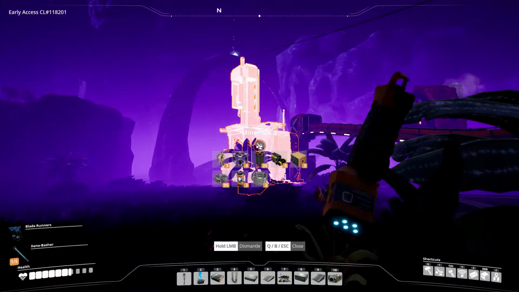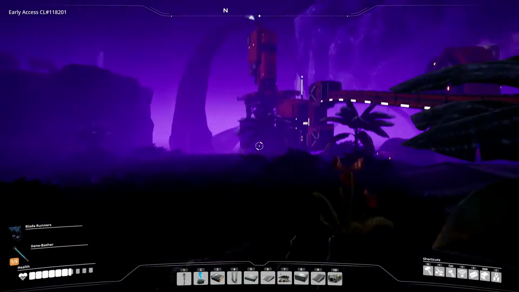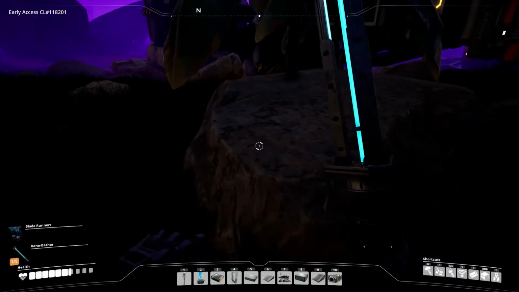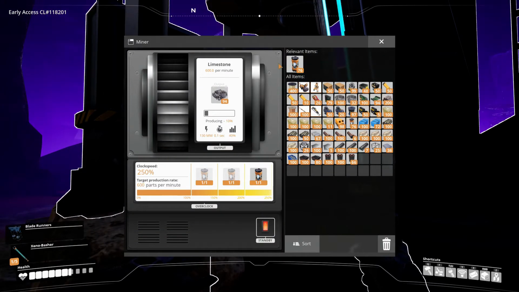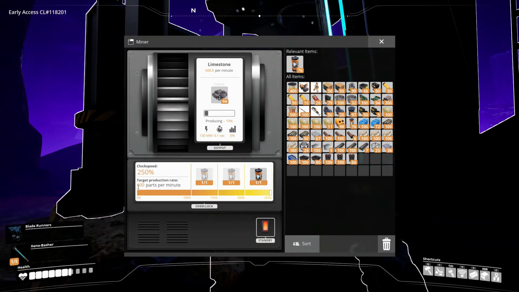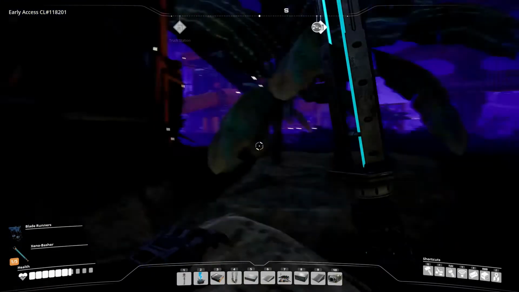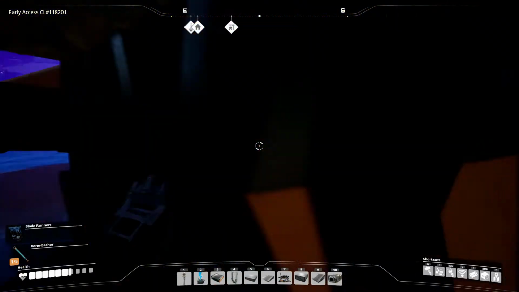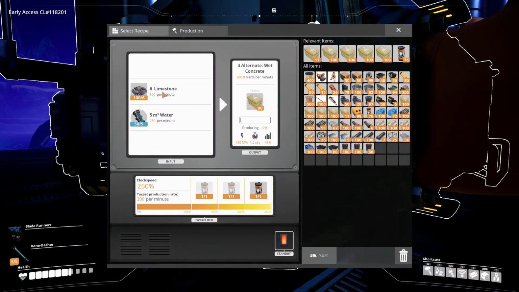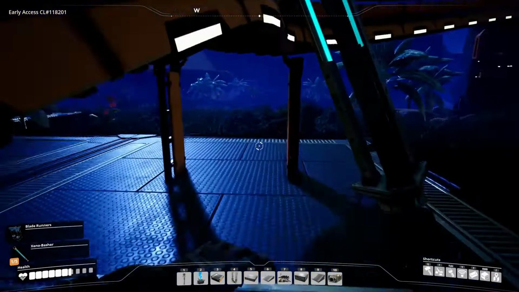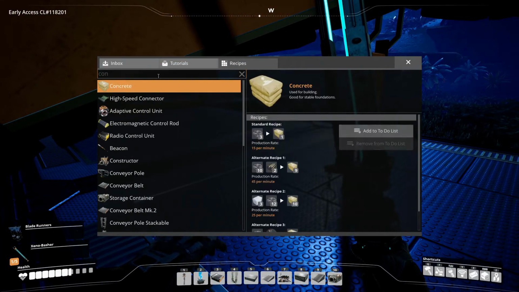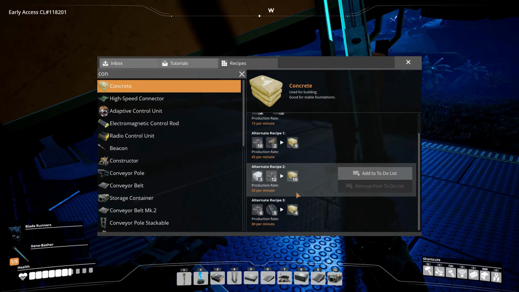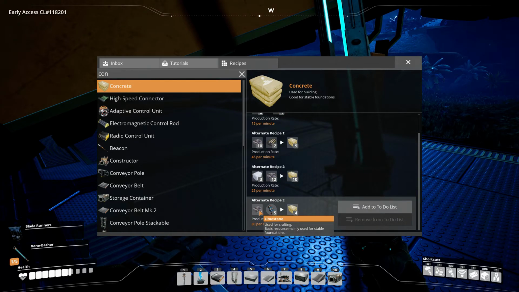There's a limestone node here. It's a normal node, but the Mark III miner can only pull out 600. And then we're using the fastest concrete recipe. Well, basically, I don't really like to use this one because it doesn't have all the recipes yet.